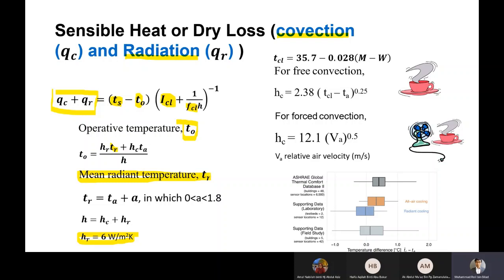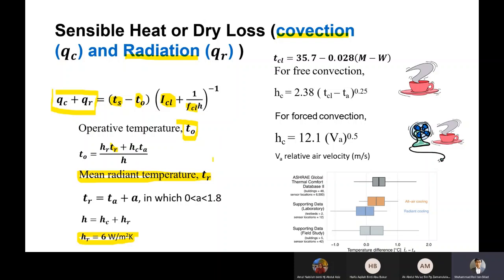So what is this? For example, what is the mean radiant temperature in my room currently? Imagine if we have a perfect black surface. Remember, a black surface will absorb energy from everywhere, so the temperature of that black surface, if you put it for some time, will go up.